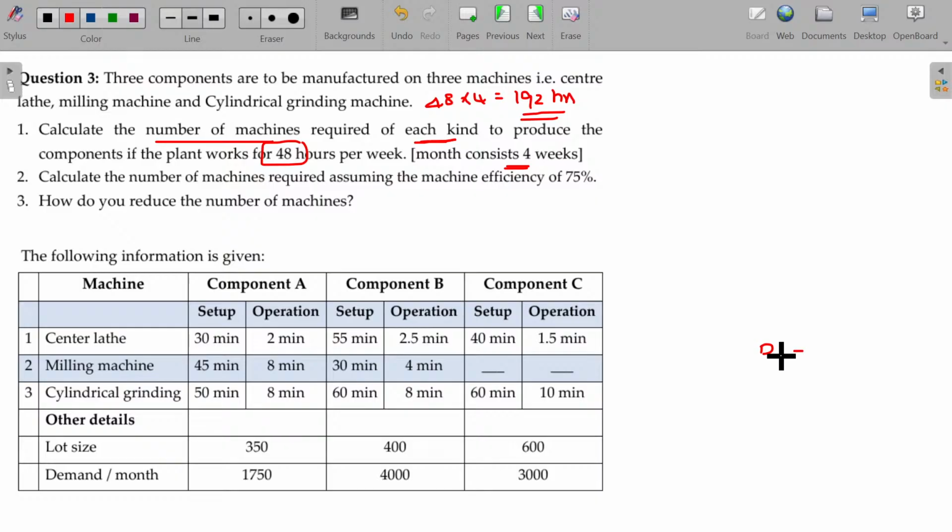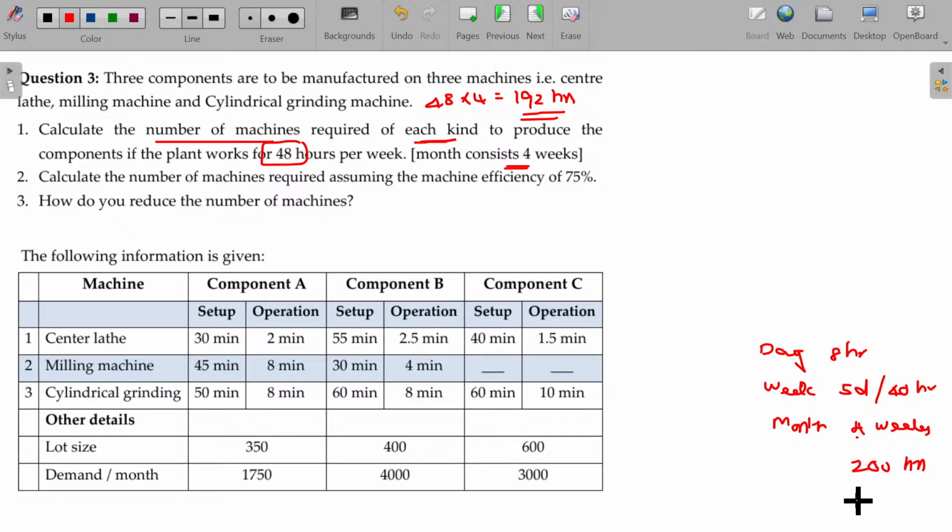A day consists of 8 hours. A week may be 5 working days or 40 hours. A month will be considered as 4 weeks if nothing is stated, or 4 into 5 months, like 5 into 40, 200 hours also can be taken.